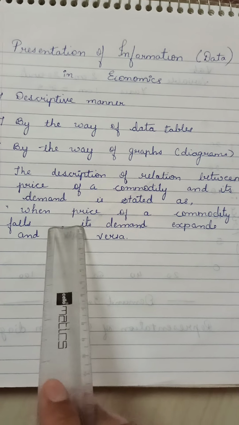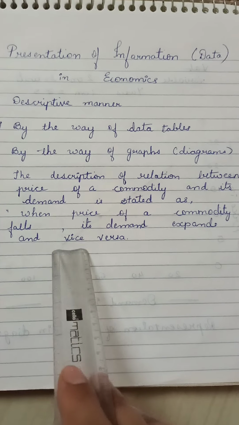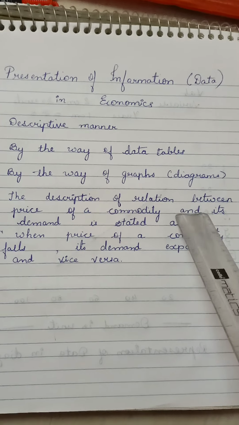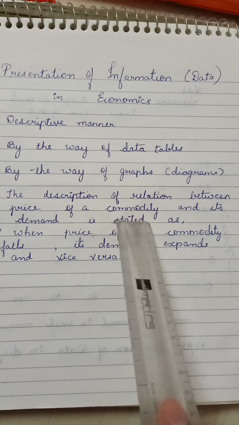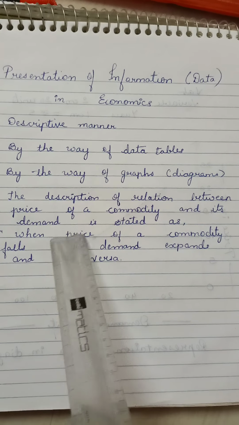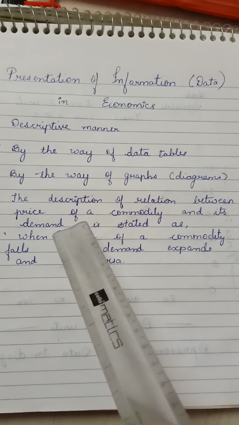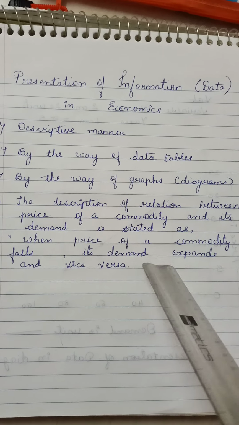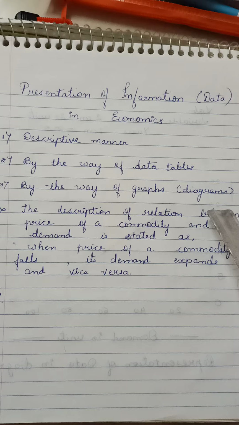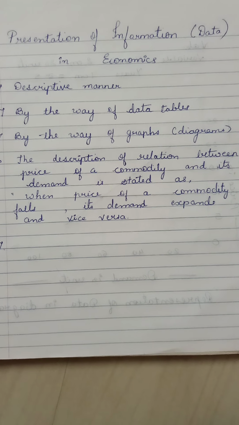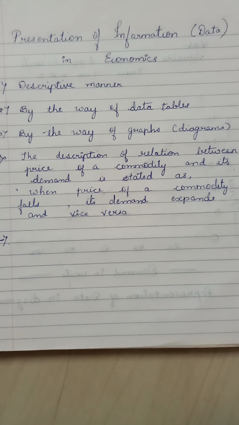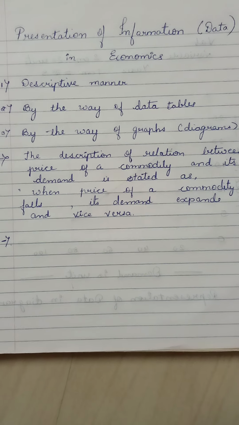As I have already written over here, the descriptive manner: the relation between the price of a commodity and its demand is stated as, when the price of a commodity falls, its demand expands, and vice versa. So we can briefly describe the price of the commodity and its demand.